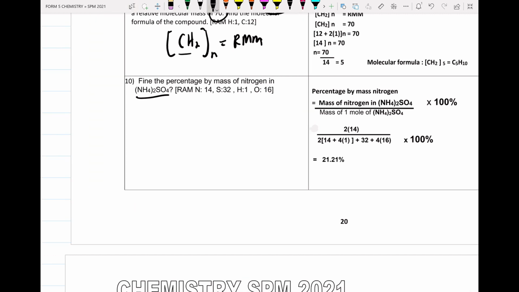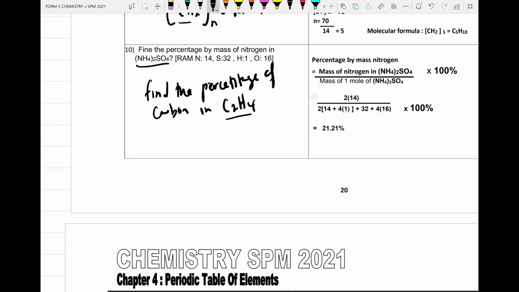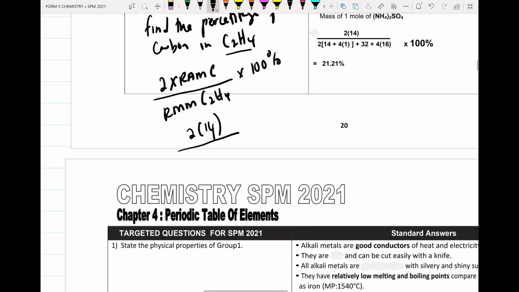We try to check another example: find the percentage of carbon in C2H4. So 1 mole of ethene contains 2 mole of carbon atoms. So 2 times the RAM of carbon, divided by the RMM of C2H4, times 100%. Sorry, let me do this again. 2 times 12, divided by 2 times 12 plus 4 times 1, times 100%.